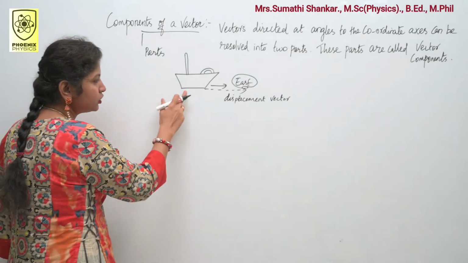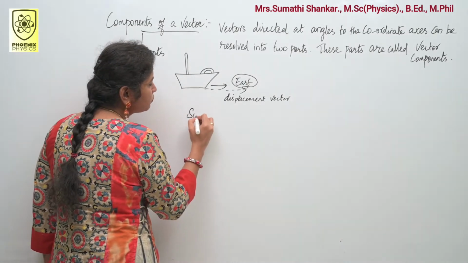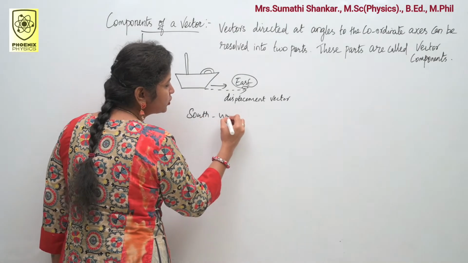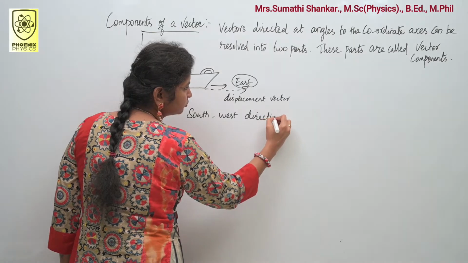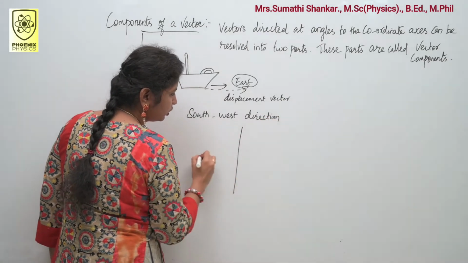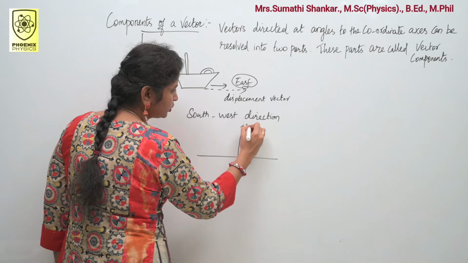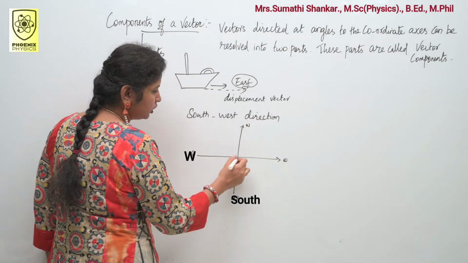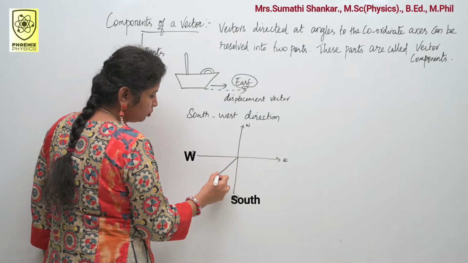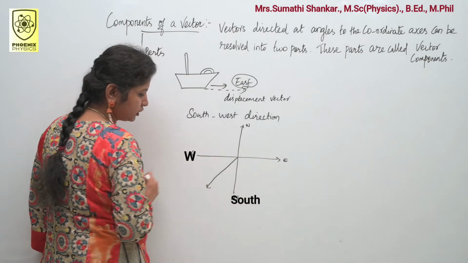Suppose this boat moves in the south-west direction. How do you draw? This is north, east, south and west. The boat is moving like this, in this direction.